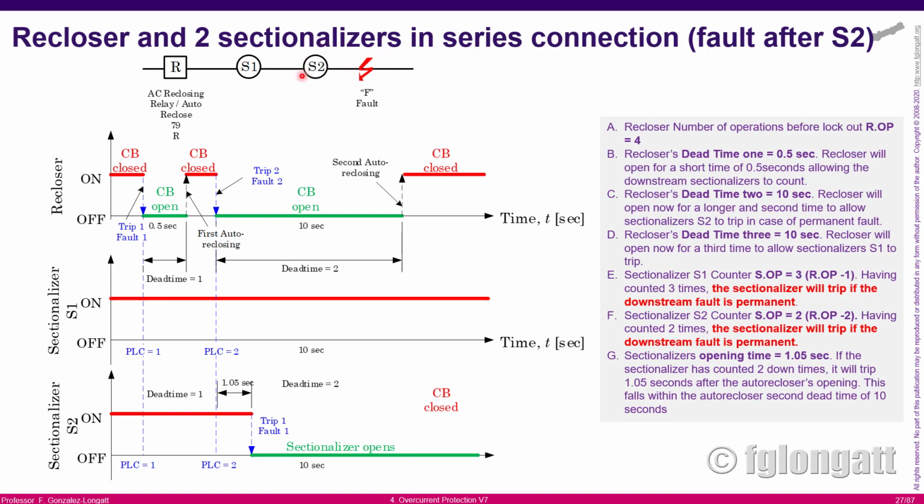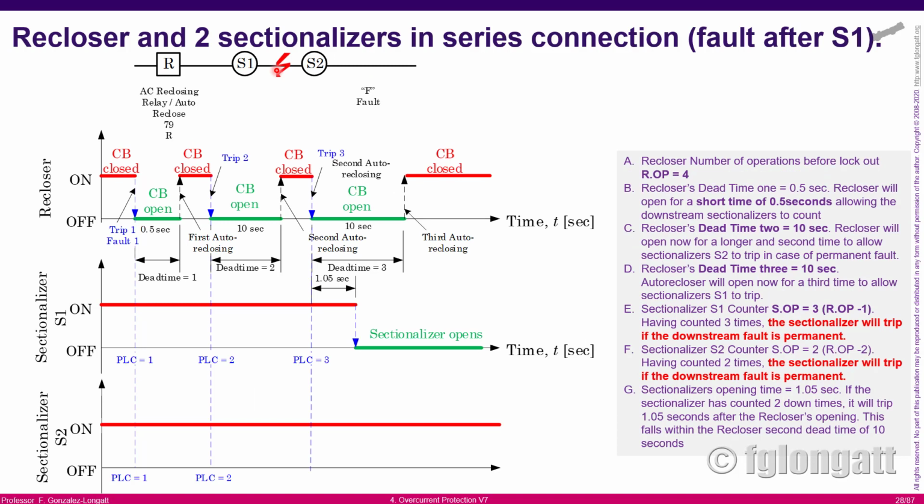That means it's my responsibility as sectionalizer number 2, after a time delay, to open. Then the recloser will close the contacts, and we will keep feeding the load that is after the sectionalizer number 2, okay? To show you the logic and that it's properly working is the following.